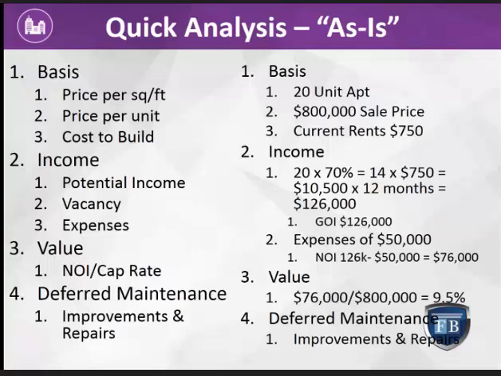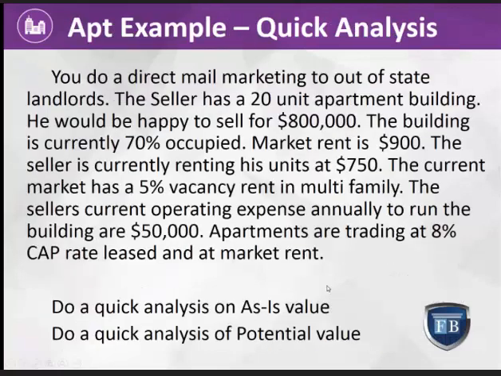Now, one more question. If you do 102,600 divided by the market cap rate of multifamilies, which is 8%, what will you be selling this property at if you actually get it to market rents of 900, to market vacancy of 5%?